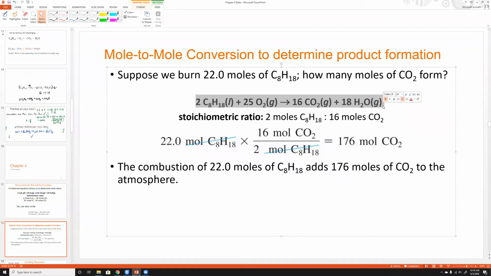So if you have all the oxygen gas in the world, right? If you have an excess of oxygen gas like we saw before, and you are burning wood, let's say, right? You have a limited amount of wood. You have an excess of oxygen. The thing that limits the progression of your reaction to the products is going to be the amount of wood you have.